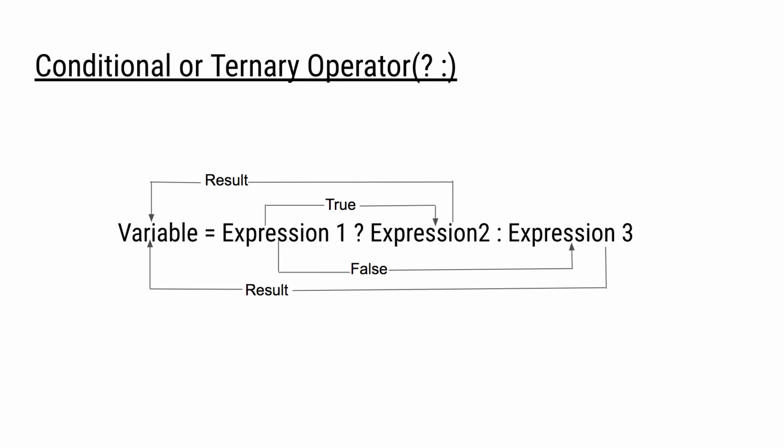These operators return one of two values, that is this or this, depending on the result of the expression.